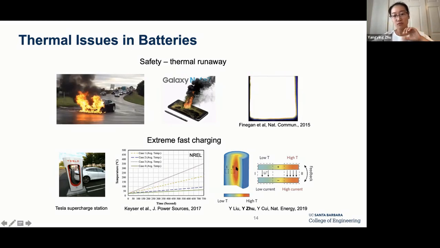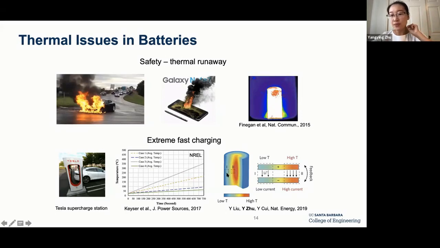Also, when we build bigger and bigger volume batteries with higher capacity, and when you do fast charging and discharge, batteries generate heat, and this heat needs to spread from the center region to the boundary of the battery first, and then get dissipated, right?